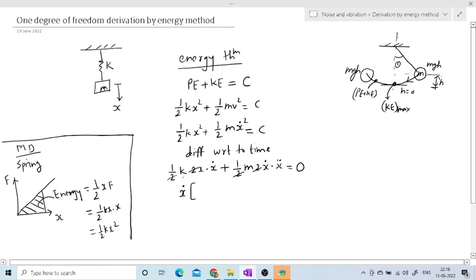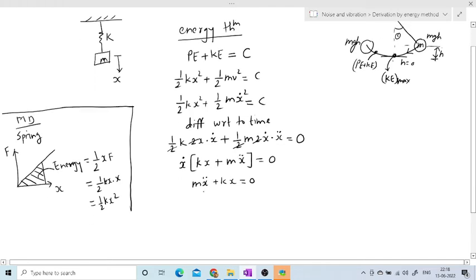The remaining thing is kx from the first term and m x double dot from the second, equal to 0. So transfer this x dot to the right side, so the equation will become m x double dot plus kx is equal to 0, and this is nothing but the differential equation of vibration.